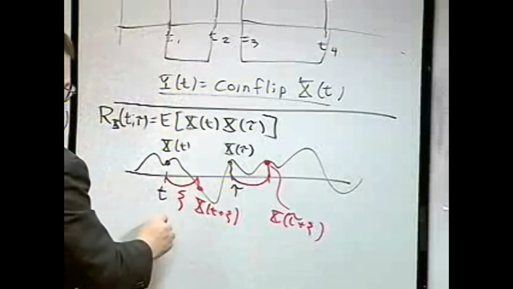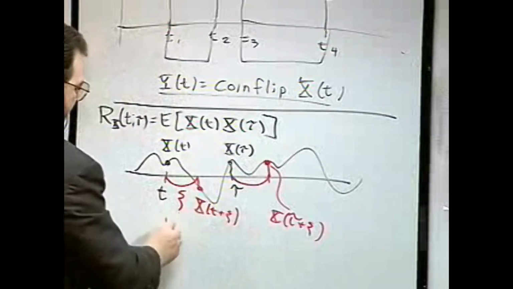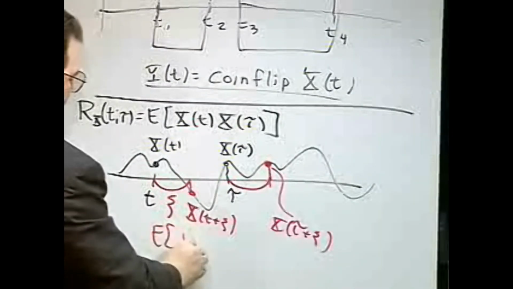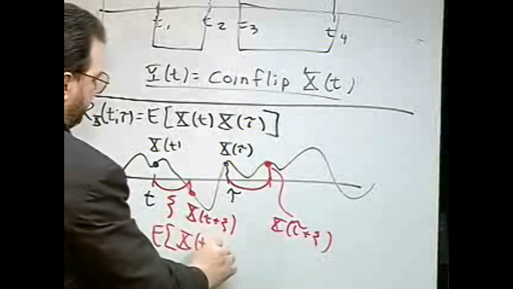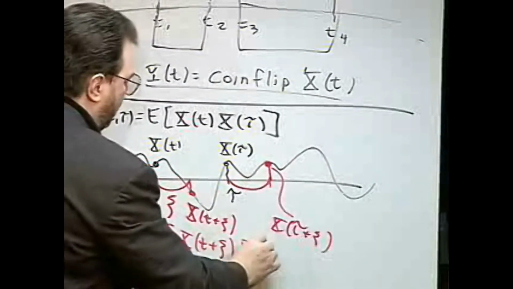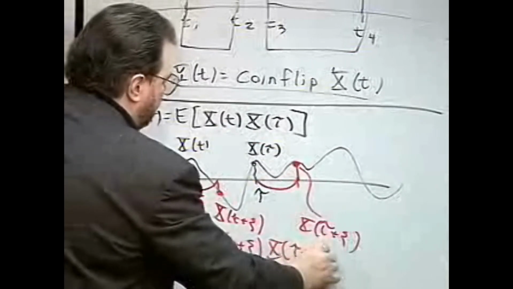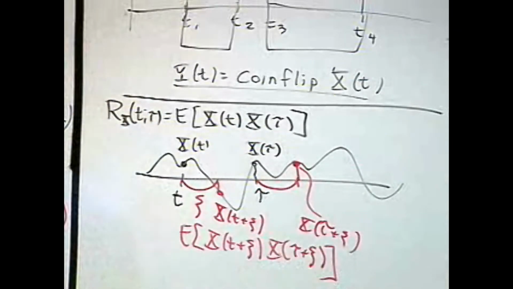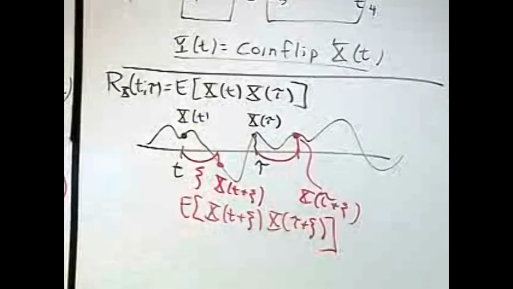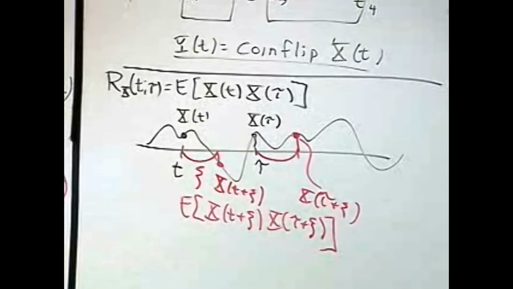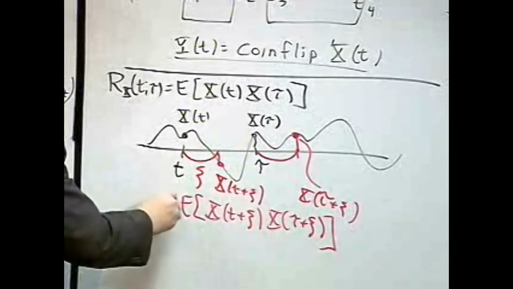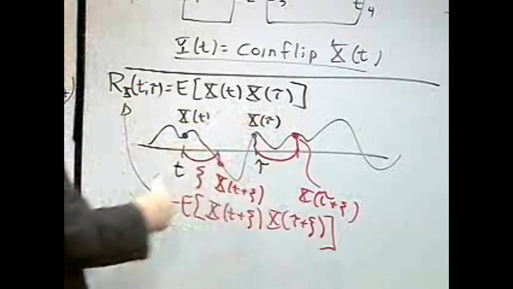If we get the autocorrelation here, we're going to have the expected value of x of t plus c times x of tau plus c. Now, if indeed this is a stationary process, this better be equal to this, because we've just shifted things, right?